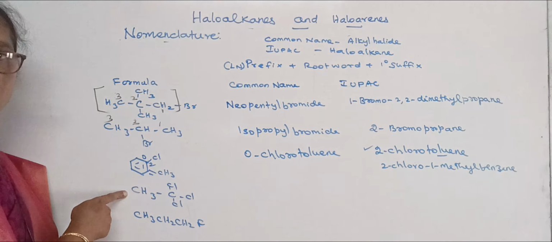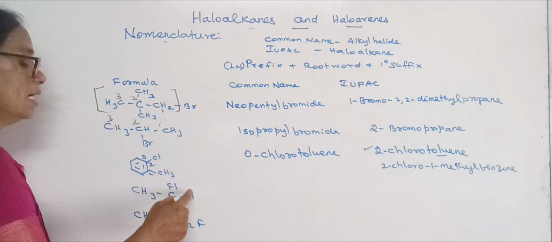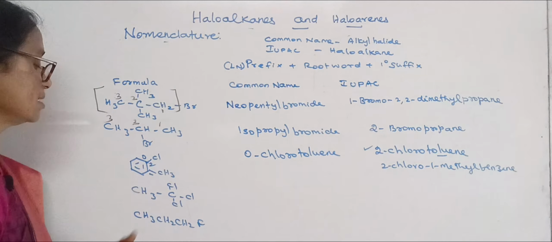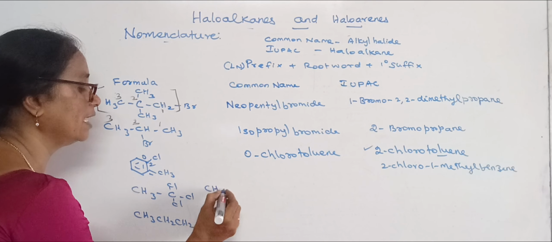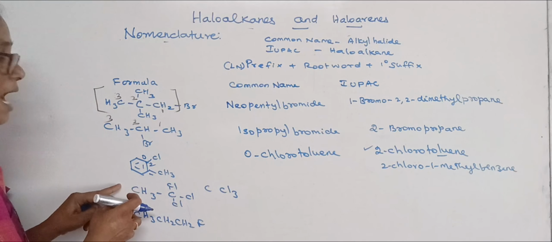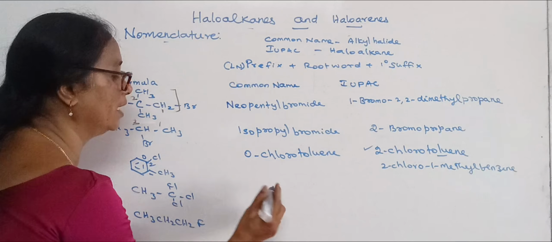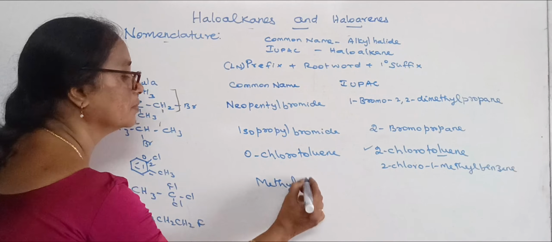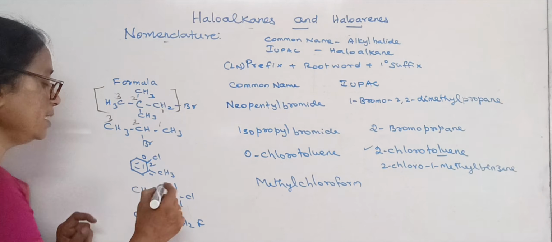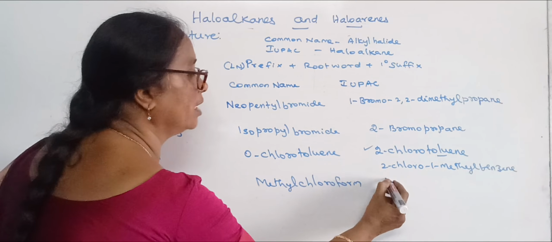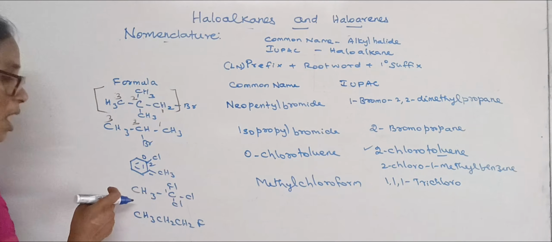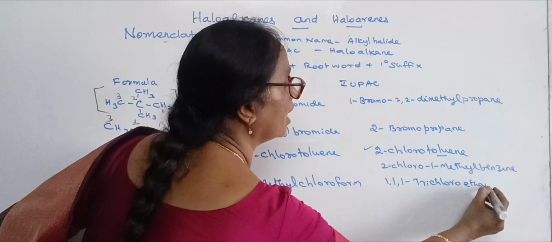Let us take the second one, in which the carbon has 3 chlorine atoms with 1 more alkyl group. It is the form of CHCl3, called chloroform, in which instead of 1 hydrogen I have a methyl group. So the name is methyl chloroform as the common name. For its IUPAC name, the first carbon has 3 chlorine atoms, so I write 1,1,1-trichloro, and there are 2 carbon atoms present, so that makes ethane.